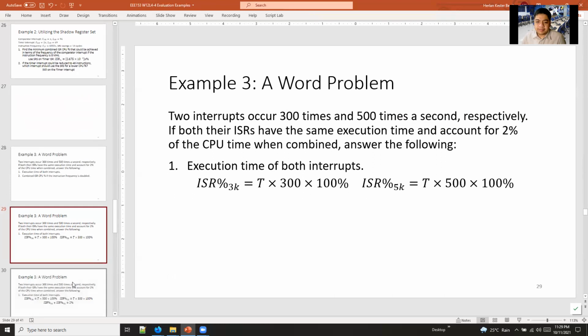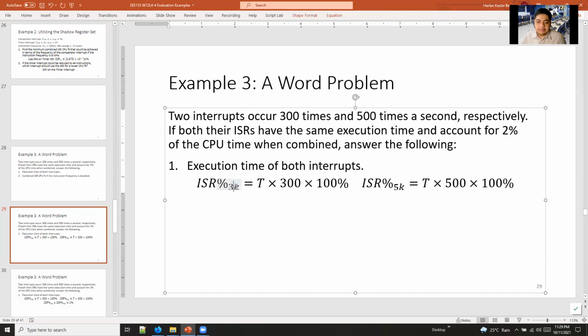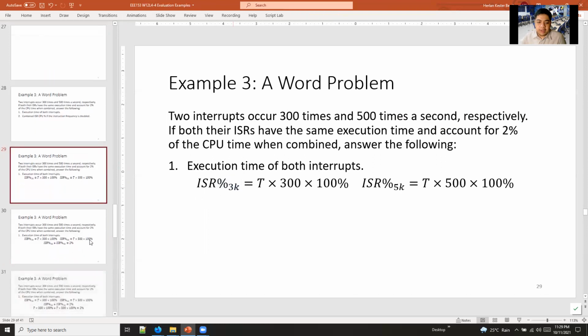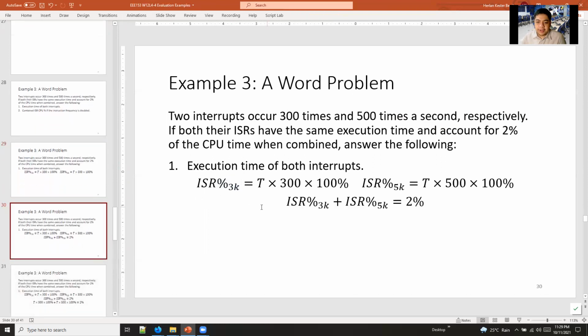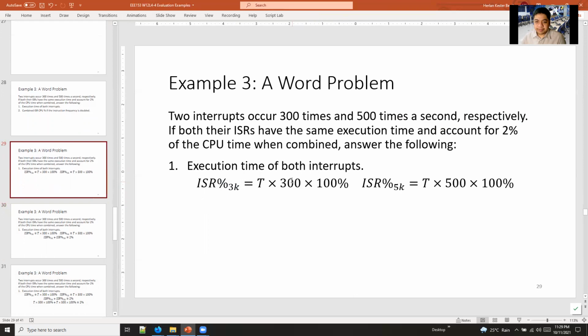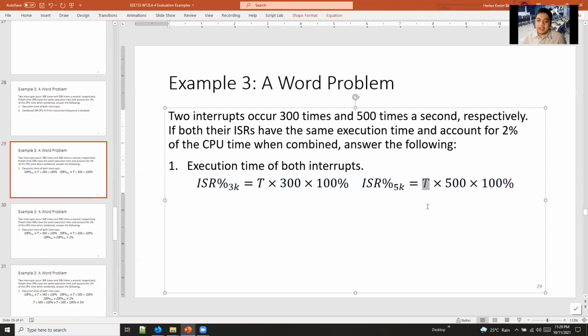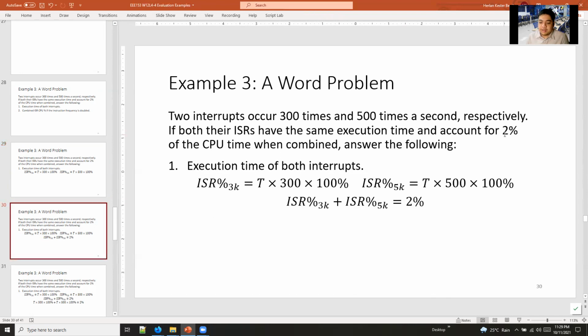So when we compute for the ISR CPU percentage of each interrupt, nakalagay. Pero 300 at saka 500, tapos yung execution time nila is pareho T. So pag alam natin, pag in-add natin yung CPU percentage ni 300 sa 500, is makukuha natin is 2%.